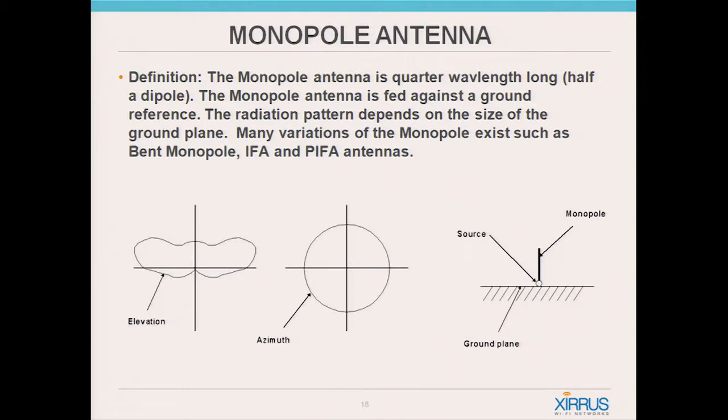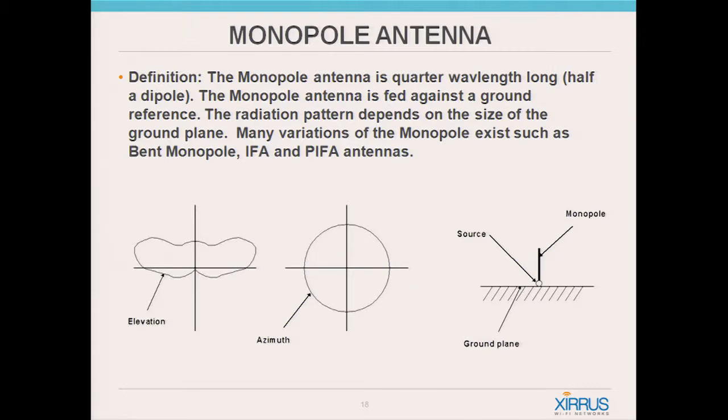But as the ground plane becomes larger and larger, the shape of the elevation beam settles where the peak of the beam is somewhere around 25 degrees above the horizon. Or if the antenna is mounted against the ceiling upside down, everything just has to be mirror imaged downward.